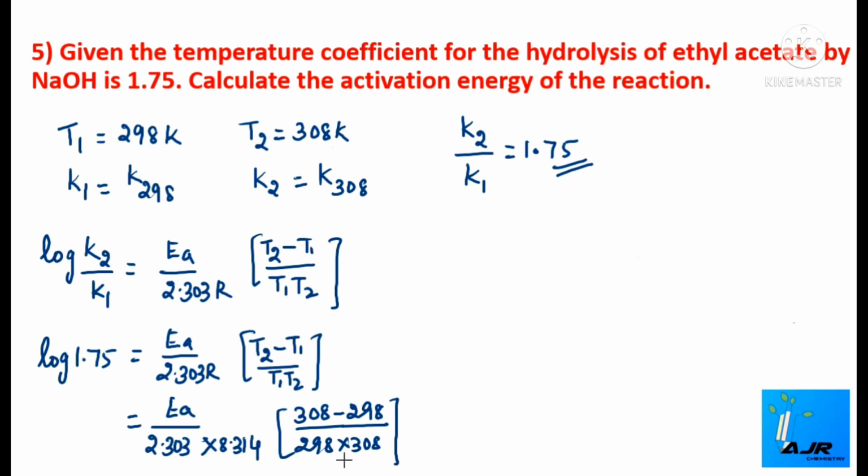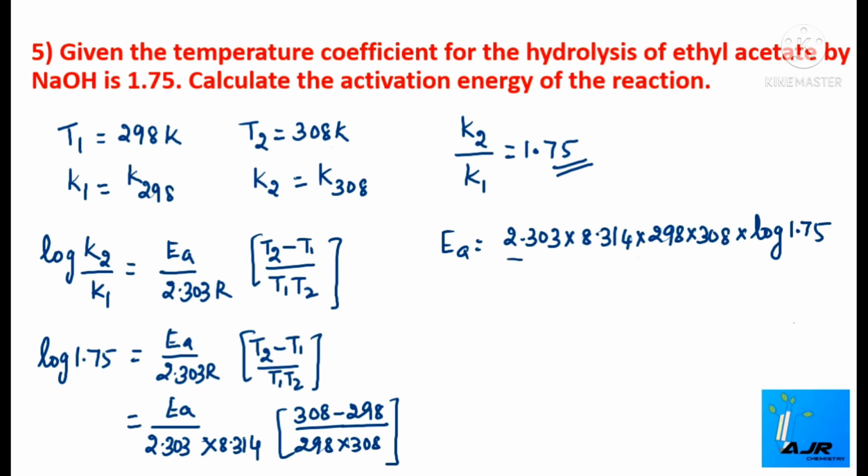Now we need Ea. So Ea = 2.303 × 8.314 × 298 × 308 × log 1.75, divided by the difference between the two temperatures, which is 10.